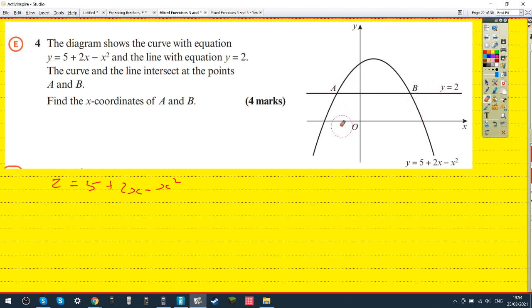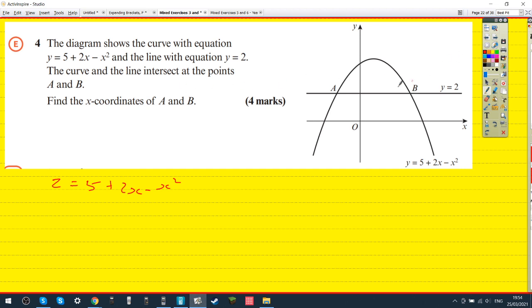Just by looking at the graphs, how many solutions you should get for the quadratic when you bring them together? Technically, there's 4 roots, right? How'd you get that? Because there's one on the x-axis and there's one on the y equals 2 axis. That would be if y is 0.